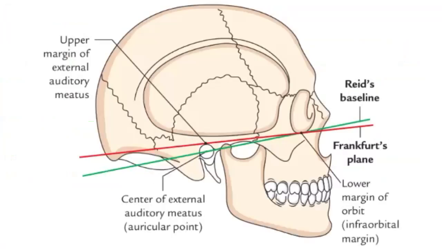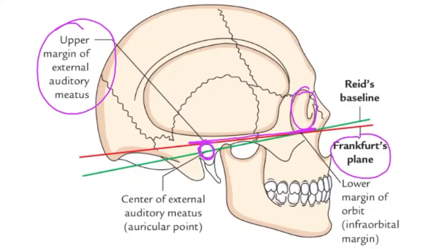You see, this is the lower margin of the orbit, and this is the external acoustic meatus. If we join the lower margin with the upper margin of the external acoustic meatus, it is called Frankfurt's line. So that is the anatomical position: orbits facing forwards, and the lower margin of the orbit is the infraorbital margin.